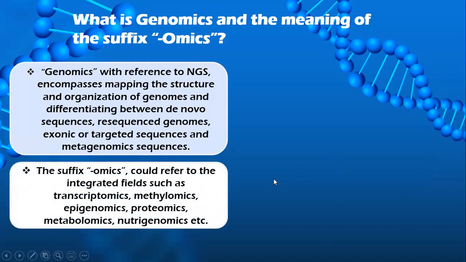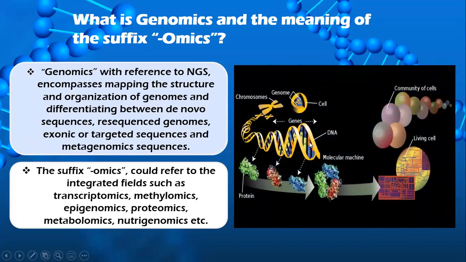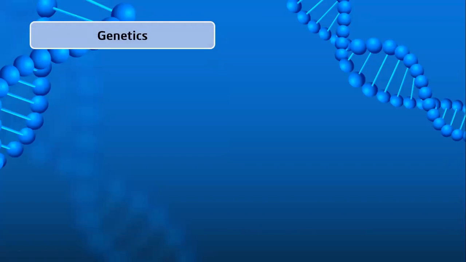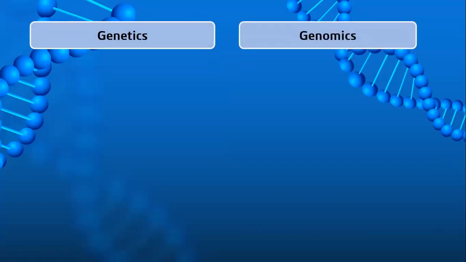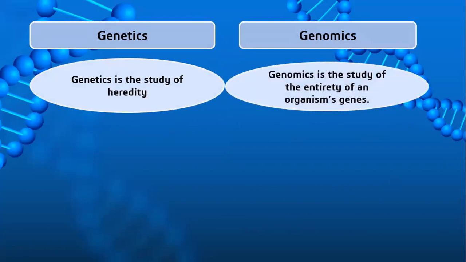The suffix omics could also refer to the integrated fields such as transcriptomics, metallomics, epigenomics, proteomics, and metabolomics, etc. And this is just a representative image of the central dogma of biology. Coming to the differences between genetics and genomics: genetics is the study of heredity, whereas genomics is the study of the entirety of an organism's genes.